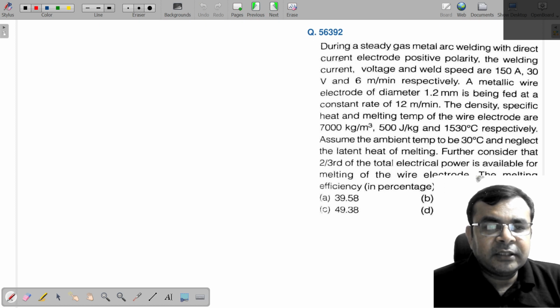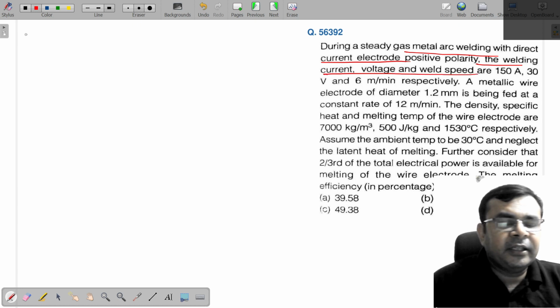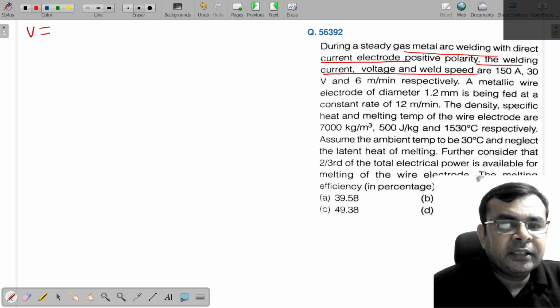Okay, so now you can see during a steady gas metal arc welding, with direct current electrode positive polarity, the welding current and voltage are given here. V is given, that is 30 volt. Current is given, that is 150 ampere.